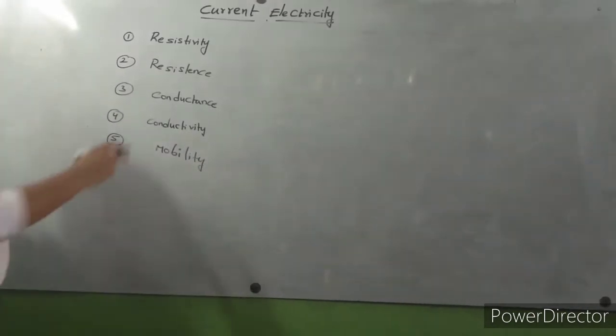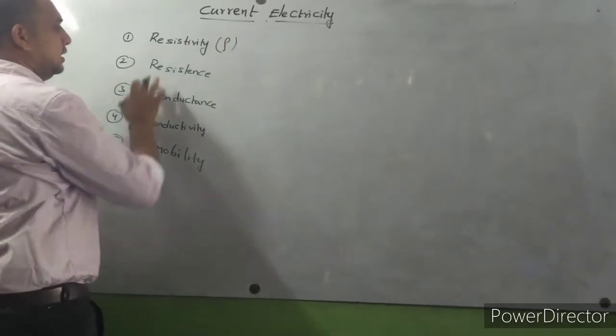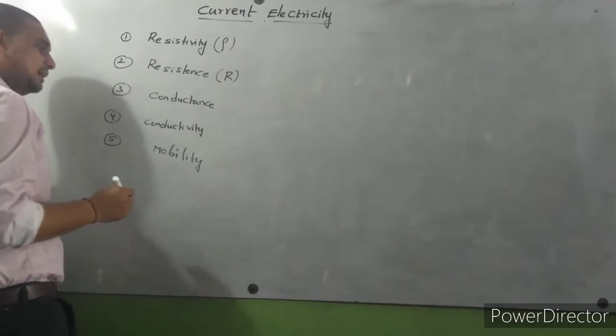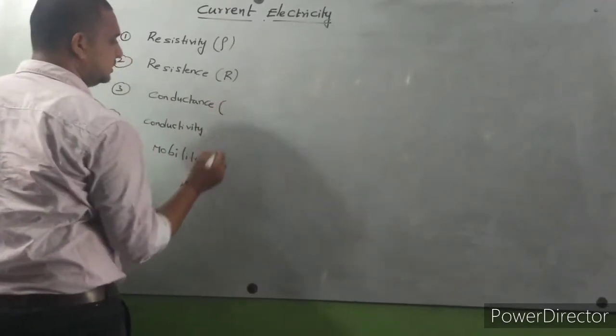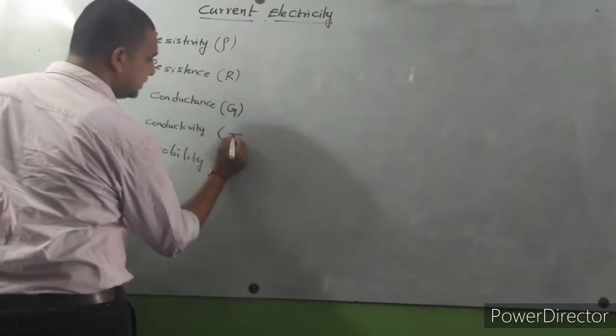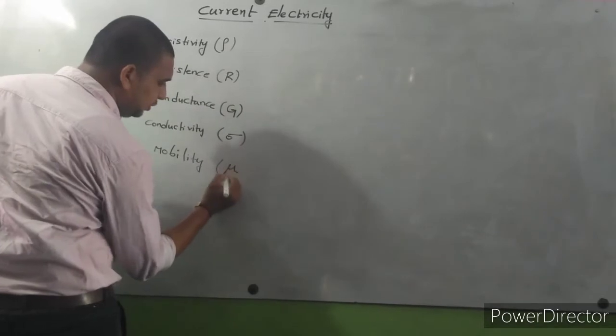Resistivity is indicated with rho, resistance with R, conductance with G, conductivity with sigma, and mobility with mu.